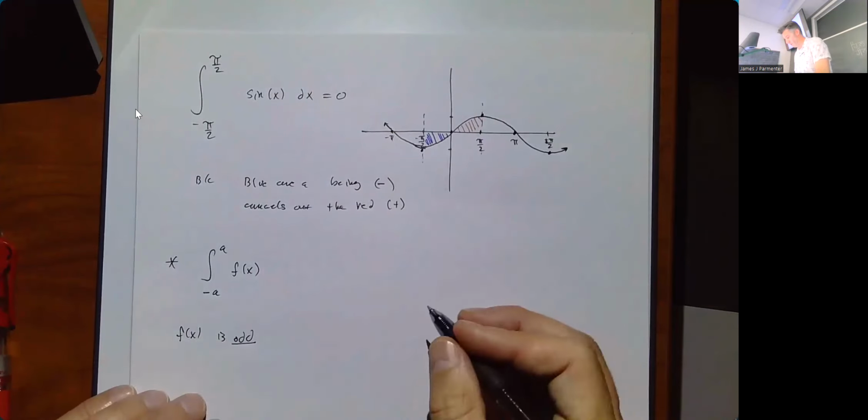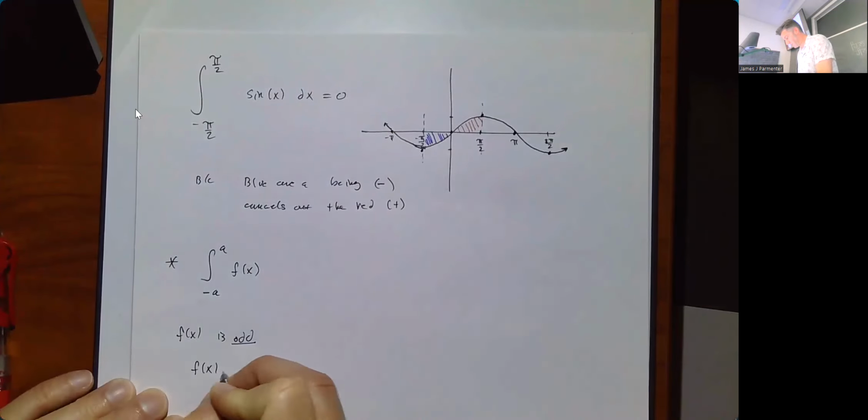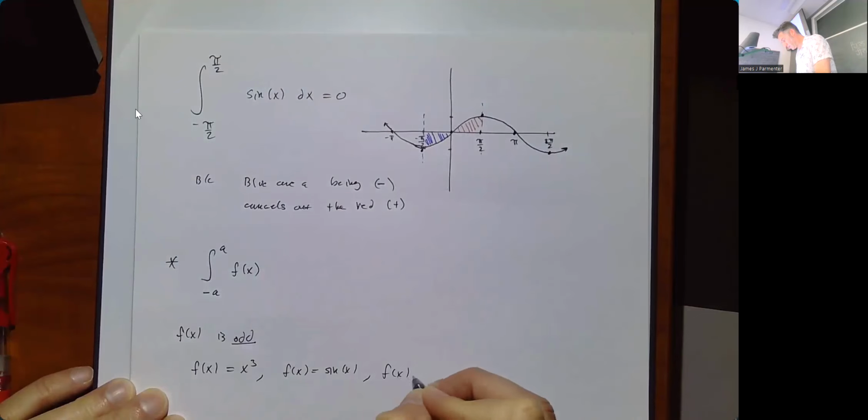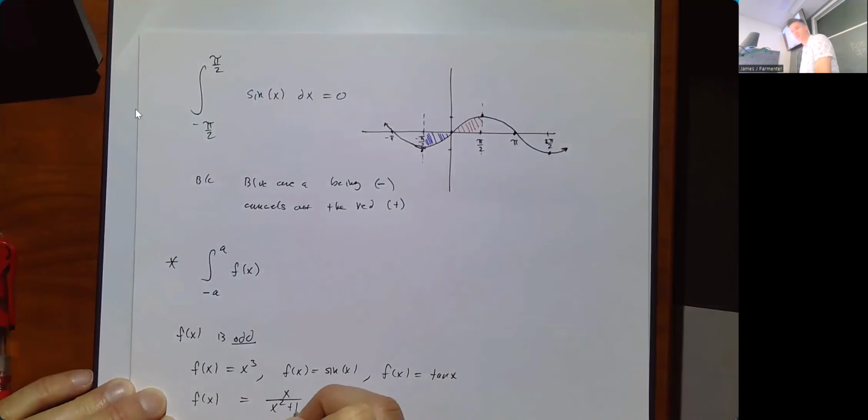Some good examples of odd functions are f of x equal to x cubed, f of x equal to sine of x, f of x equal to tangent of x, and I'll give you one more, f of x equal to x over x squared plus 1. All those are odd functions.